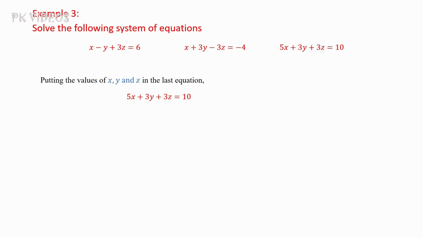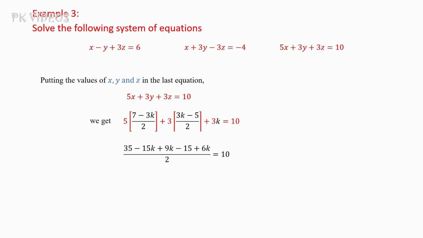Putting the values of x, y and z that we just found in the last equation. The last equation is 5x plus 3y plus 3z is equal to 10. We get 5 times the value of x plus 3 times the value of y plus 3 times the value of z, which is k, is equal to 10. Now we open the bracket and take the common denominator.